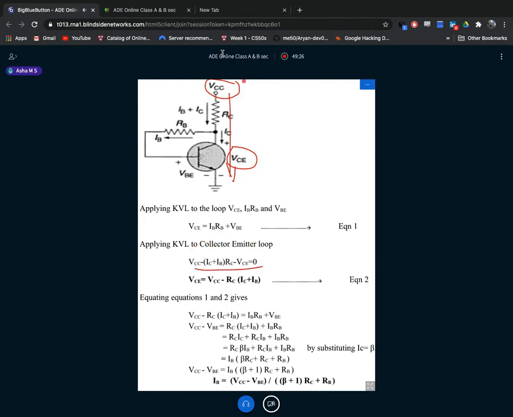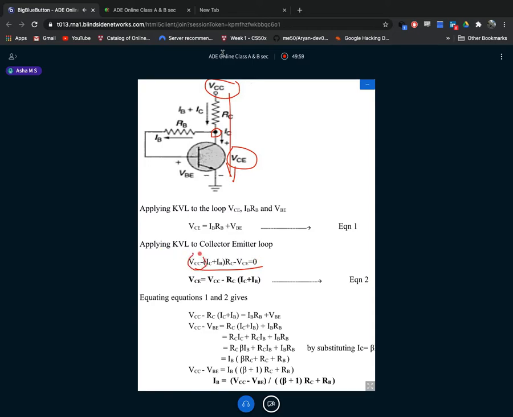Instead of V, here we take IR. What is the value of I? Just now I told you, at this junction the current splits into IB as well as IC, so we name it IB plus IC. That's why VCC minus (IC plus IB) into RC minus VCE is equal to 0. So here, what do we need?